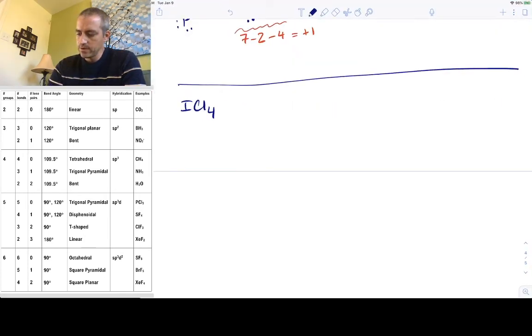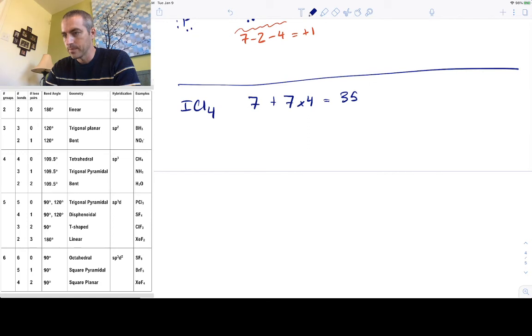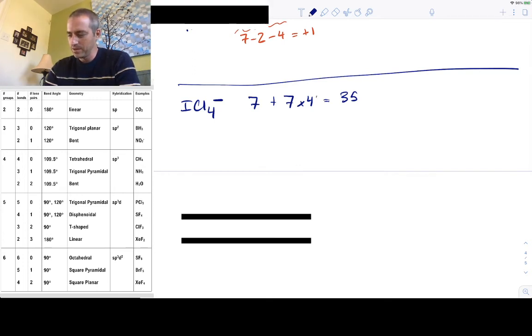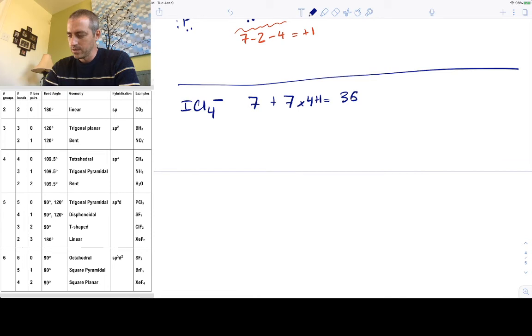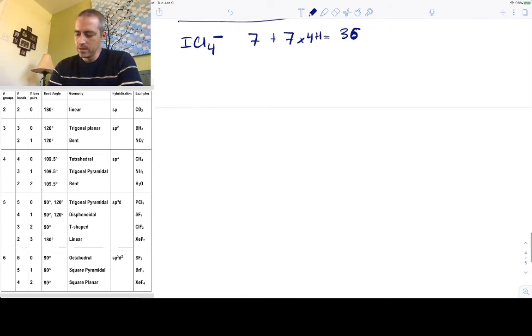So we have 7 for the iodine plus 7 for the chlorine times 4. And that gives us what? 35? Okay. Actually, I made a mistake. It's not ICl4, it's ICl4 minus. That's the actual ion that we're dealing with. So we have to add 1 for the negative charge. Gives us 36. Great. I's in the middle.